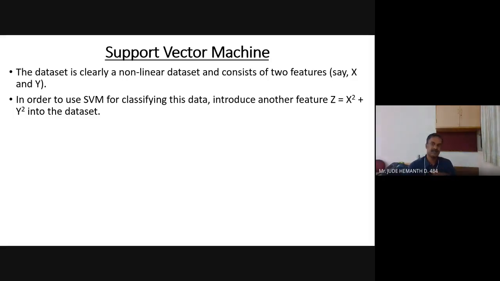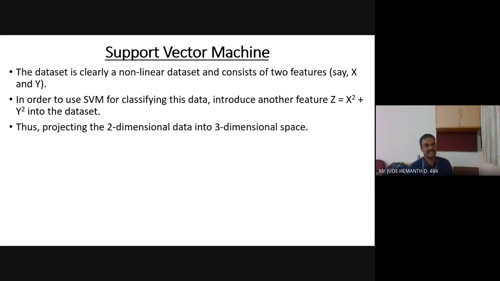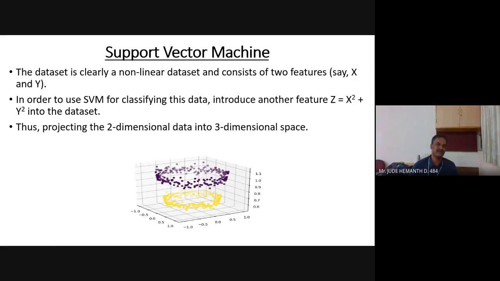When I include this feature z, the same yellow circles and purple circles will be represented in a 3-dimensional space. That means I will have an x-axis, a y-axis, and also a z-axis. So by including one more feature, I am increasing the dimension, converting it from 2D to 3D.